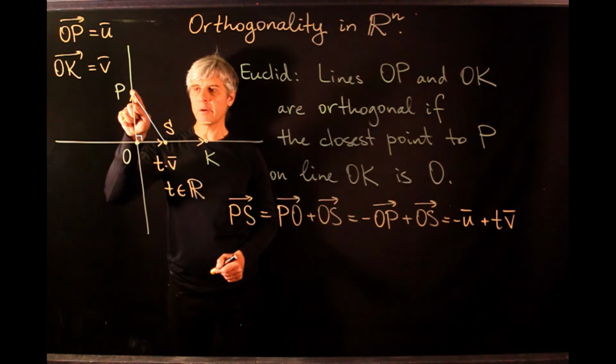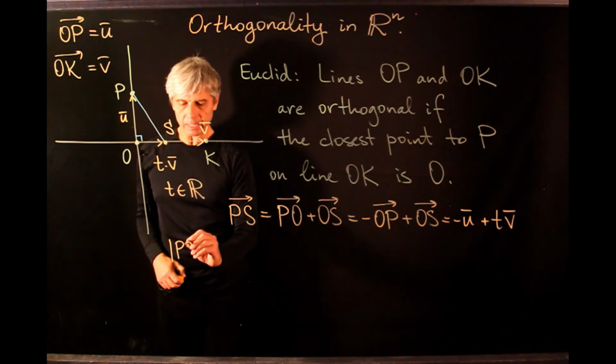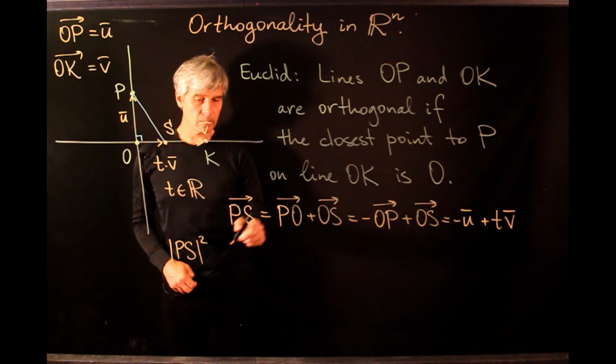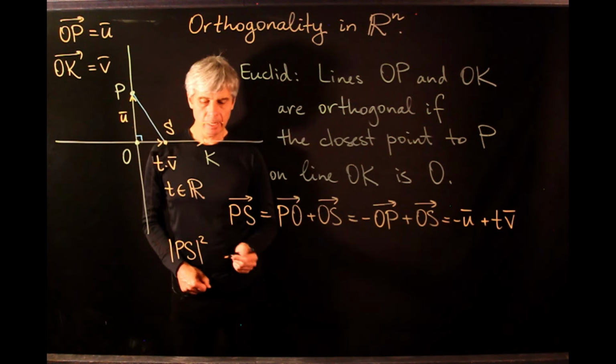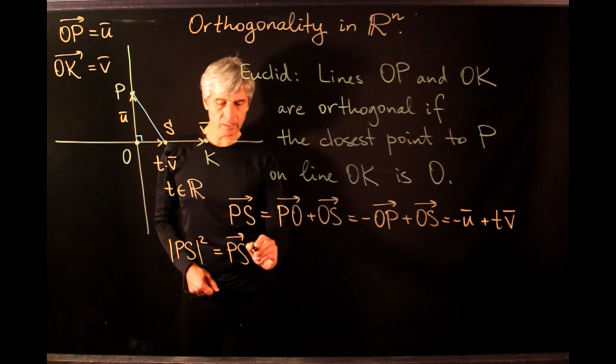So let's compute now the distance PS. So the distance PS squared is the square of the length of this vector, and we know that this is the dot product of this vector with itself.